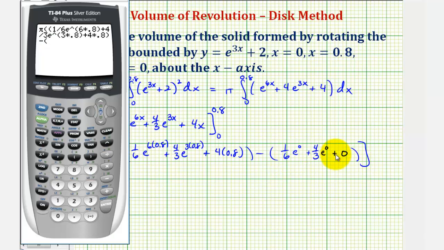Since e to the 0 is equal to 1, this would just be 1/6 plus 4/3. Close parenthesis, and another close parenthesis, and enter.